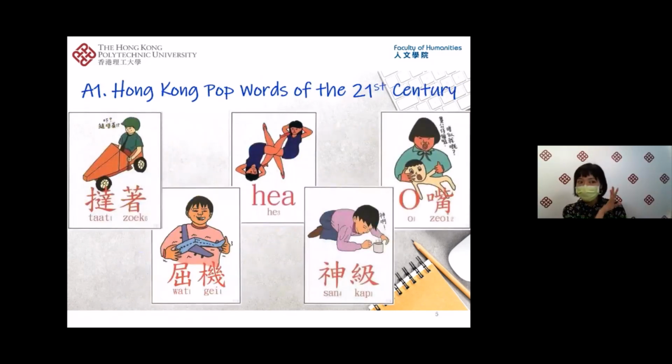If you refer to these 5 items, they sound very informal. So usually in interviews, or if you're having a more decent conversation with your teachers, you may not use them.